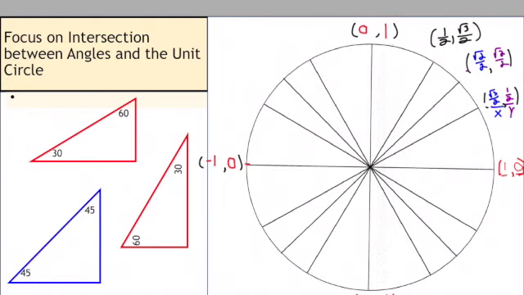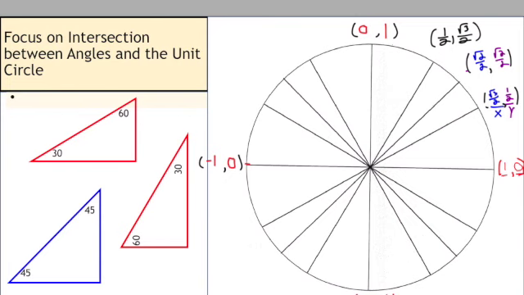Okay, so now that I used my special right triangles to find the measures in the first quadrant, I could continue using the special right triangles and applying them to every quadrant after that, but I think an easier way would be to use properties of reflection in order to get the remaining points. And this is also useful to help you memorize what we're doing here.